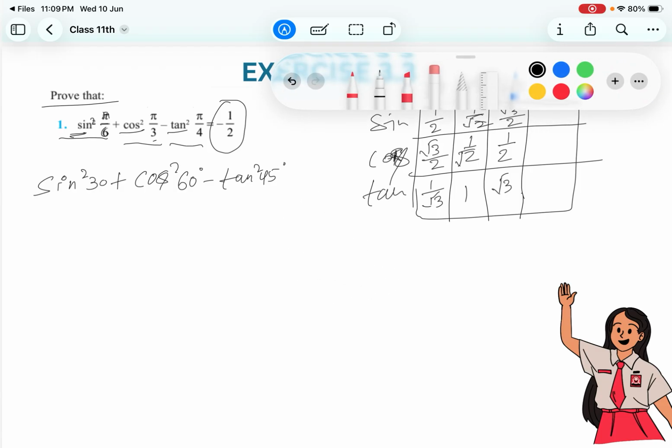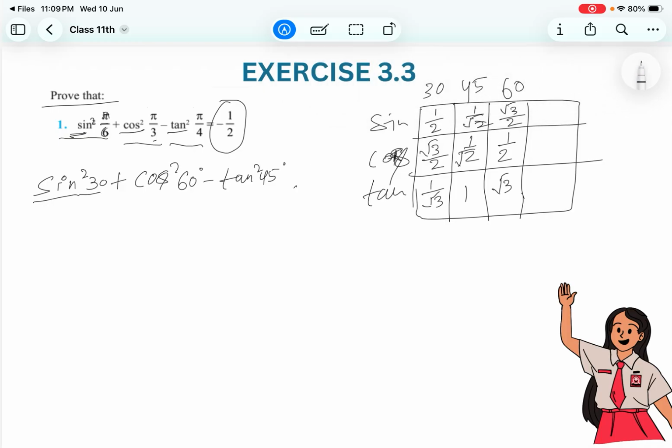So when we put in all the values, it should be equal to minus 1 by 2, right? Okay, so sine 30 degree is 1 by 2, so 1 by 2 whole square, plus cos 60 degree is 1 by 2, 1 by 2 whole square, minus tan 45 degree, which is 1, whole square, right?